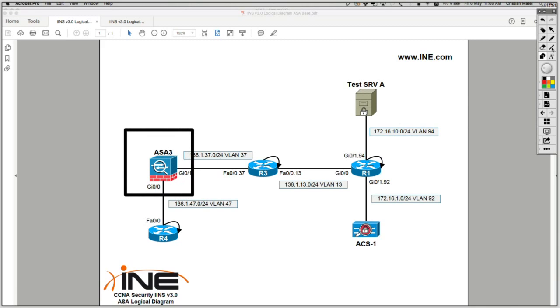So we divide the ASA into two, and at the top we're going to have the ASA firewall functionality, the ASA module, and at the bottom we're going to have, let's say, the IPS module or Firepower module. Let's say the Firepower module, the next generation firewall functionality of the ASA.